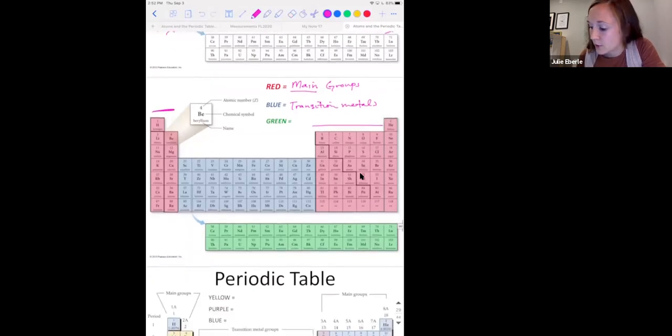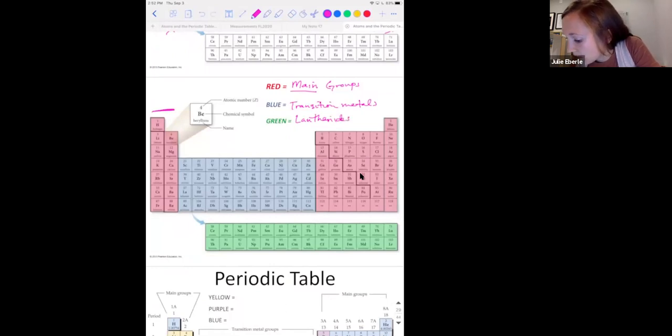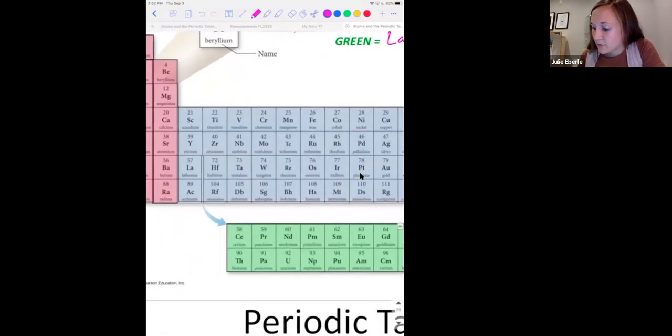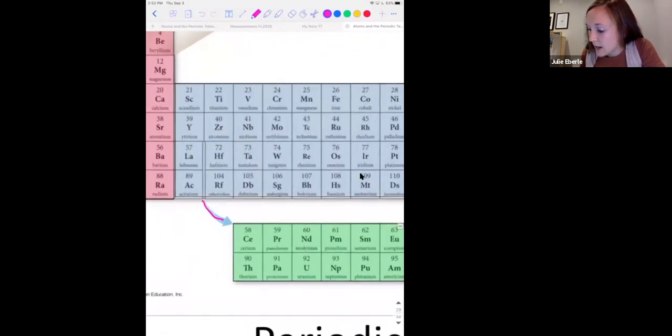These are main groups. So the green part, these are the lanthanides and the actinides. Now, where did we get those names from? If you notice this little arrow right here pointing to the green section, it is coming from right in between these elements.